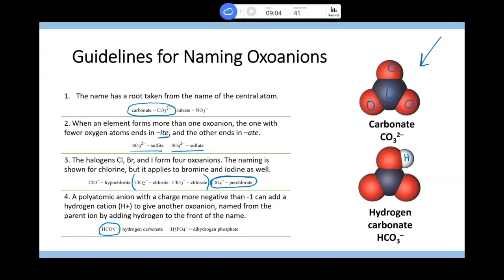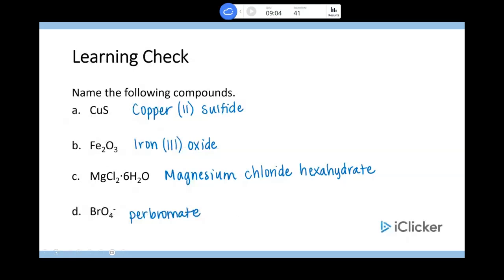Just like this right here, ClO4 is perchlorate. So BrO4 is perbromate. Questions on these? Yeah. Both are correct. Yeah. Anything else on this one?